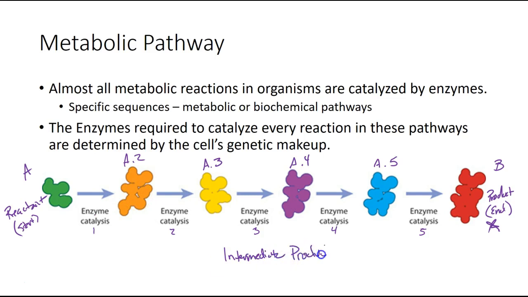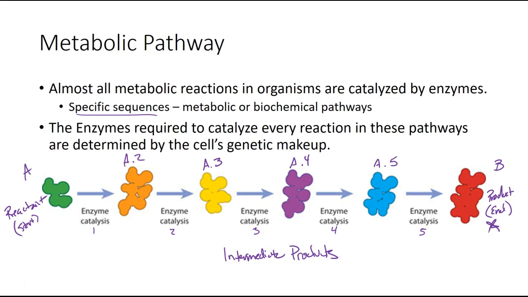And so enzymes are going to produce these intermediate products, and these intermediate products ultimately need to be produced in order to get to our end product, which is the goal. These specific sequences that make up this metabolic pathway result in the products we want at the end of this entire process.